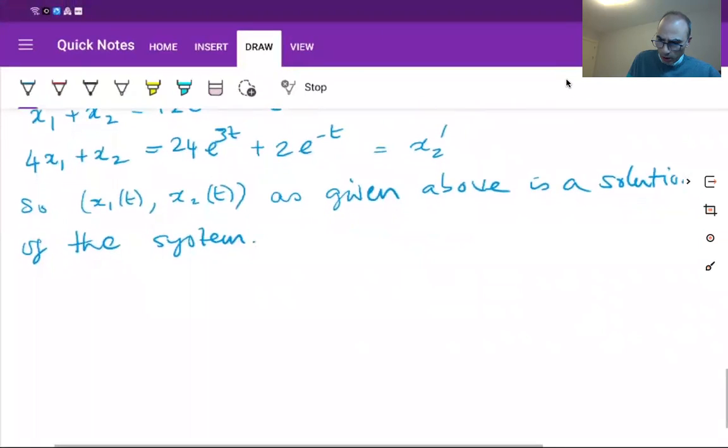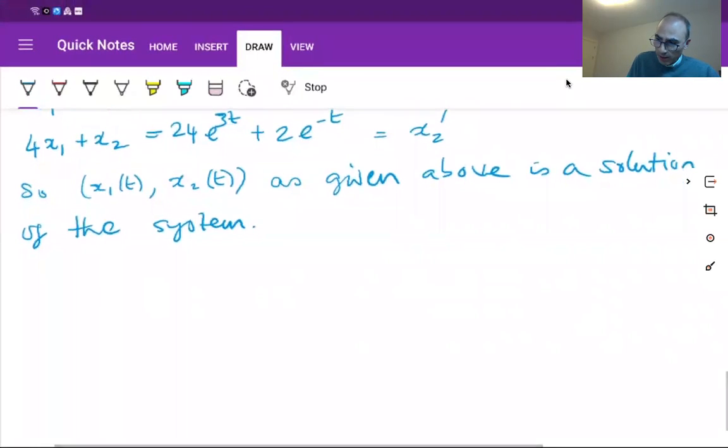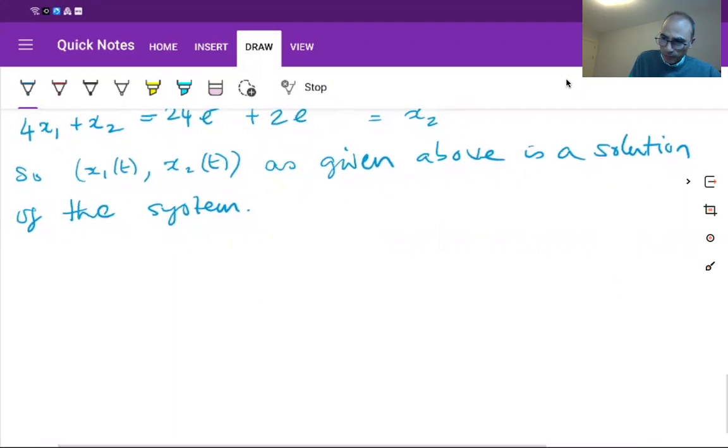Okay, so as we had for single first order equations, we had an existence and uniqueness theorem. There's a similar existence and uniqueness theorem for systems of first order equations. Let me state this now.